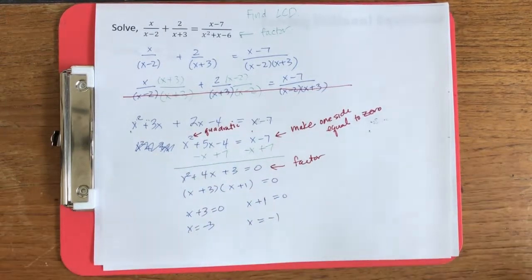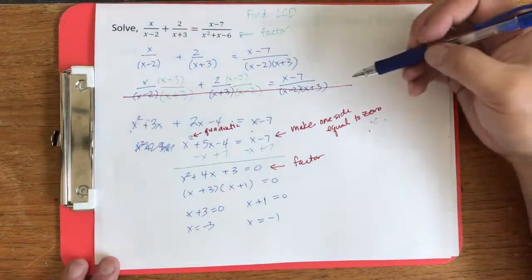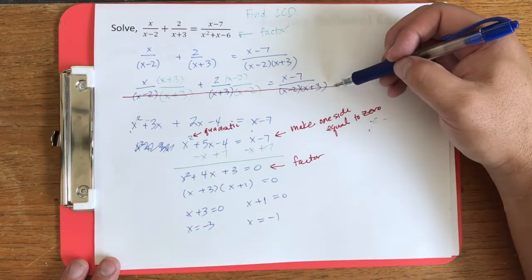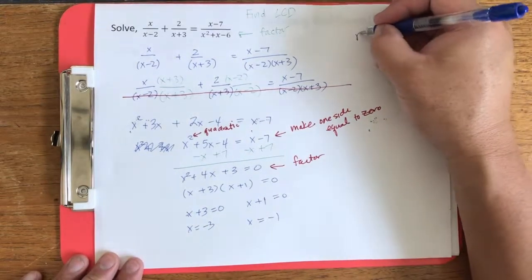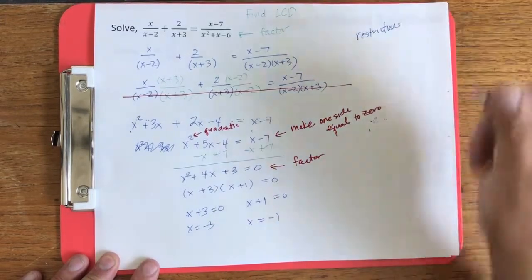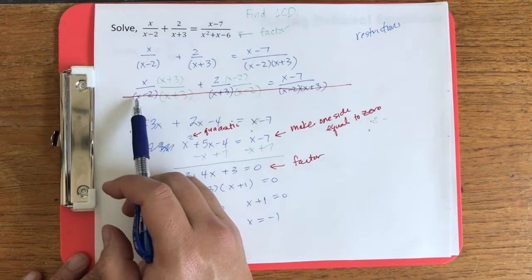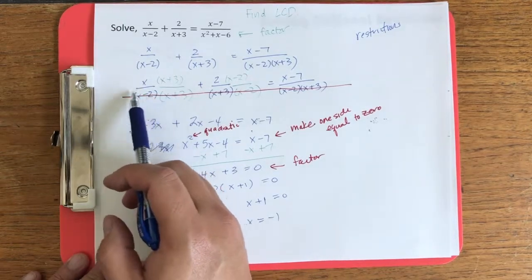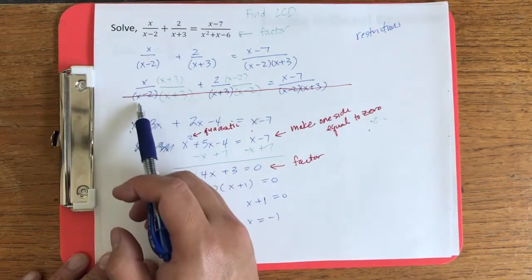Now, before we can say this is our answer, let's go back to when we had the lowest common denominator and find our restrictions. What number makes this binomial 0? And the answer is 2.